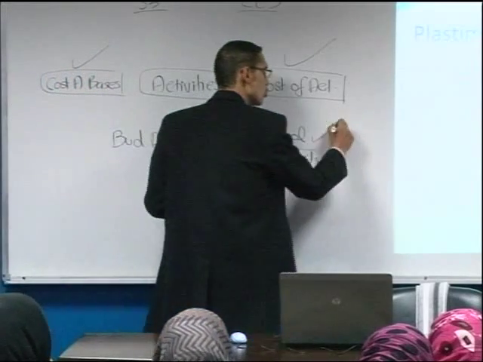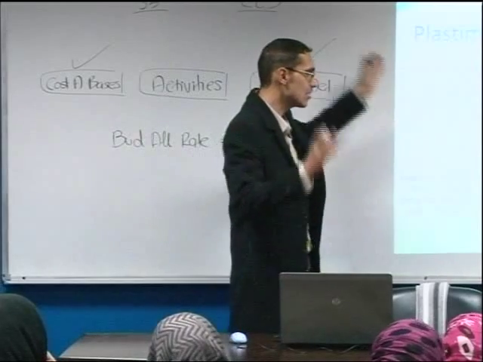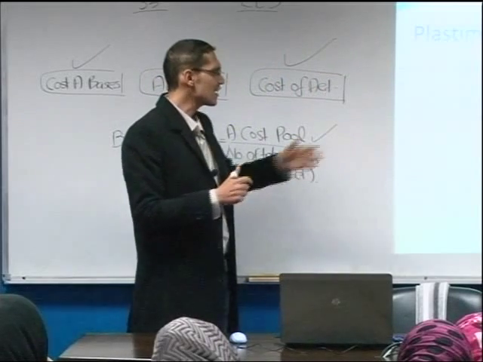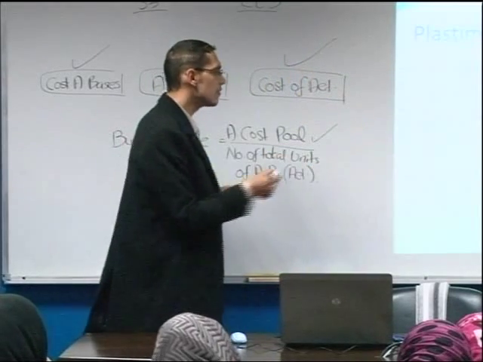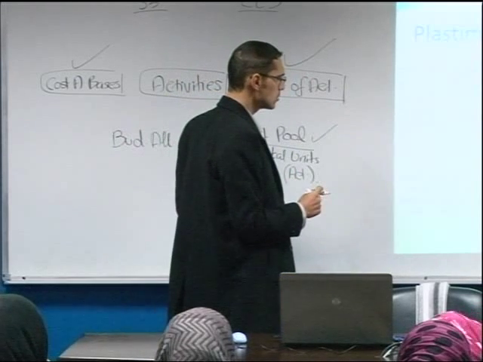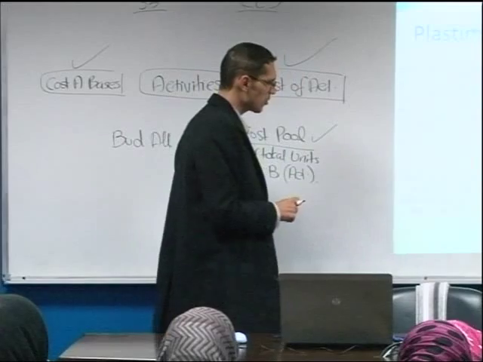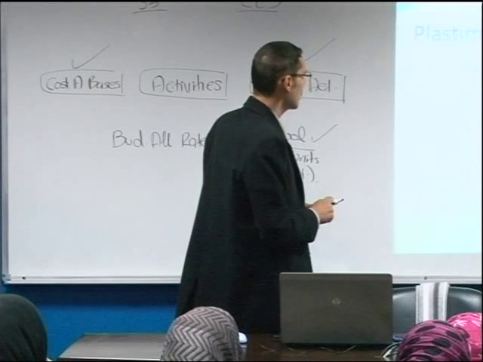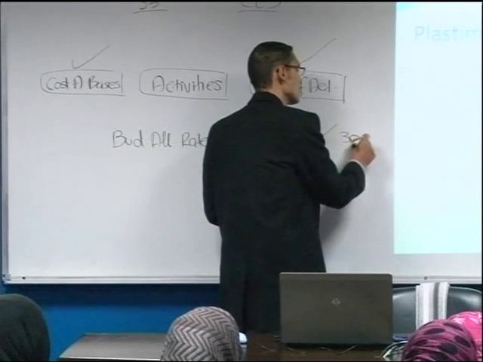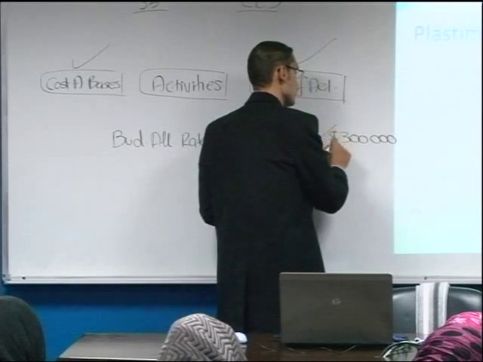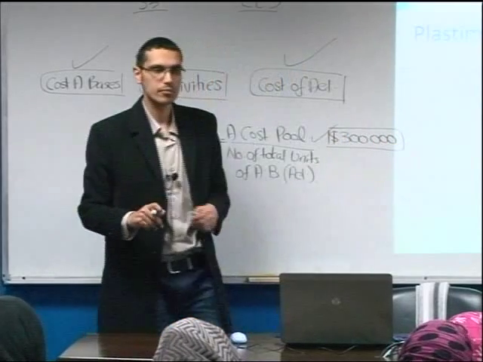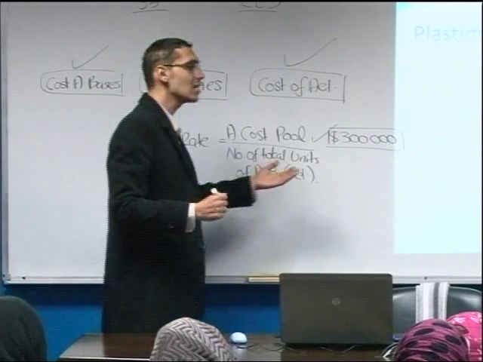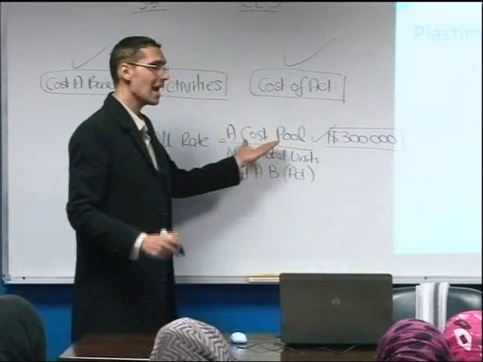We need the activity cost pool, which is in this case, as they told us from the example or from the case itself, the cost, according to our example, is $300,000. Therefore, we determined the activity cost pool.